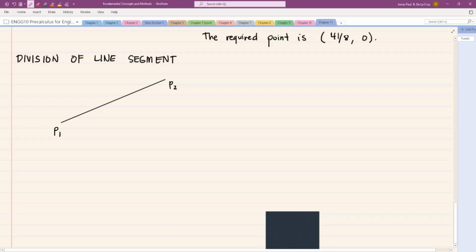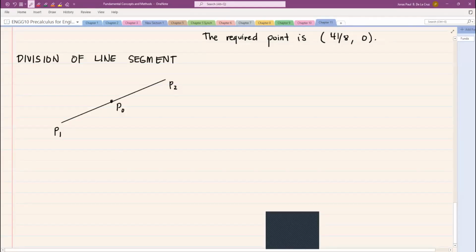Alright, and then i-divide natin siya. I-divide natin itong points na to. Meron tayong point of division dito. Tawagin natin P sub 0, okay, or P sub O. Okay, this is any point between P1 and P2.